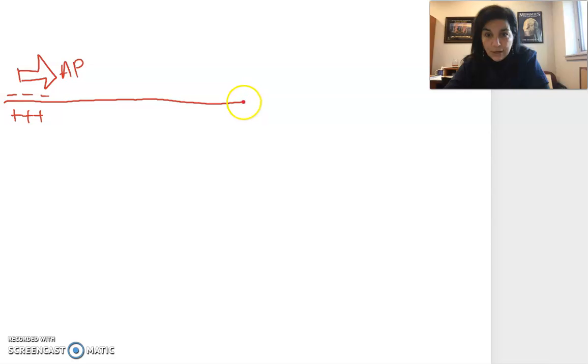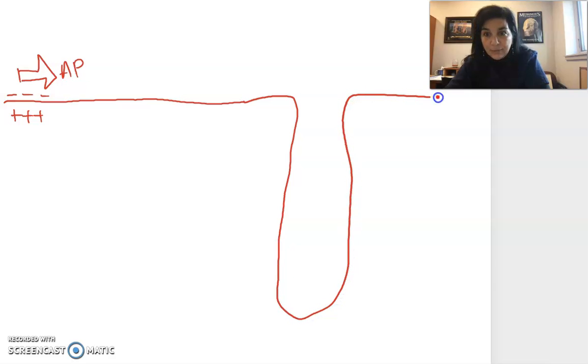But here we're talking about excitation contraction coupling. And what I want to mention now is the T-tubule. And I'm really exaggerating the T-tubule right here. This is a T-tubule. And this propagation is going to take place down the T-tubule.